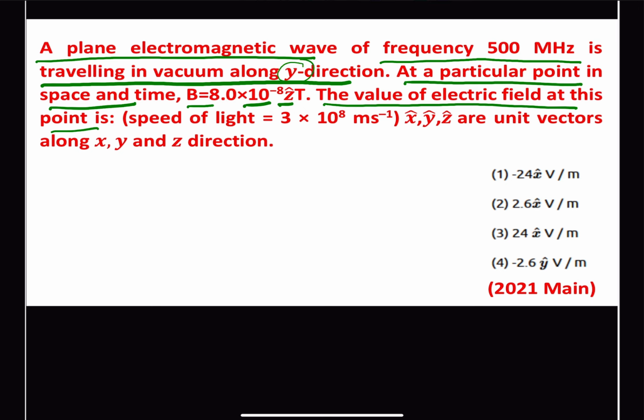So you can say that direction of wave, let us call this as y unit vector. Magnitude we can just easily calculate because that is only with respect to the magnitude of magnetic field multiplied by speed of light.